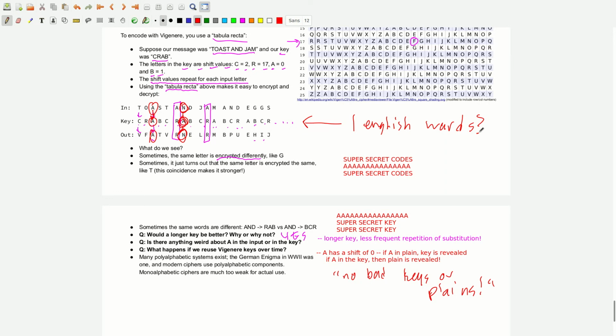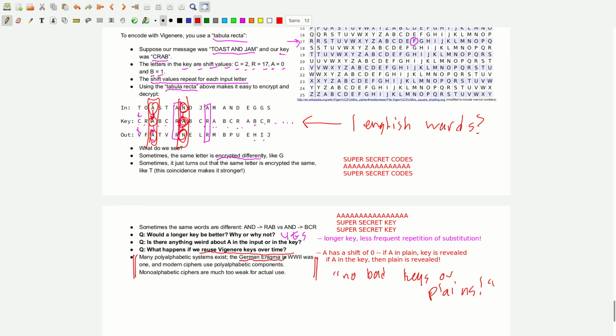What happens if we reuse keys over time? Well, if we reuse keys over time, then we're going to see more and more of these letters leaking out from A's and B's and things like that. And so if we reuse the keys over time, eventually someone will be able to analyze the messages and find patterns.